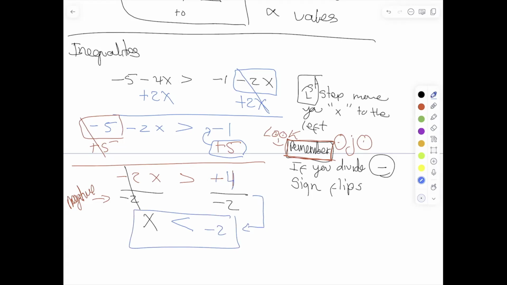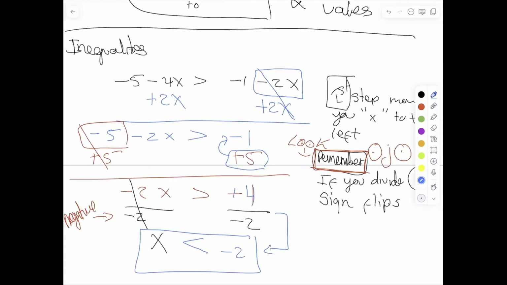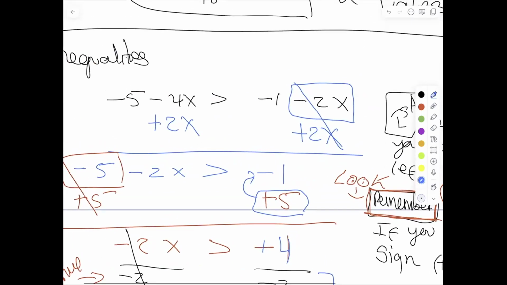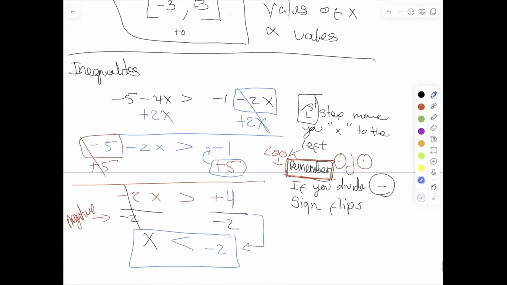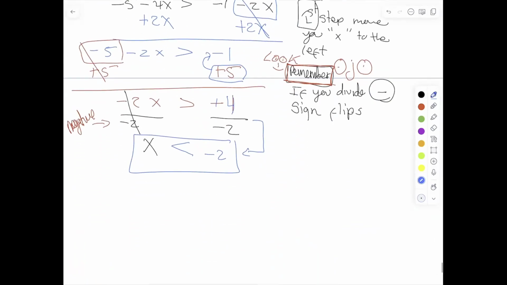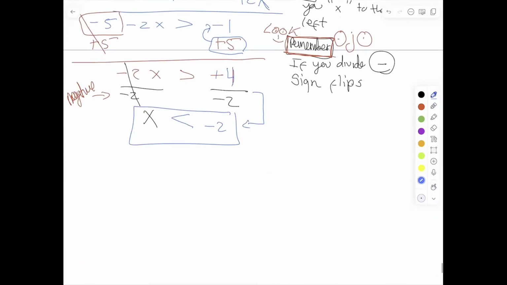So let's do that again. I have -5, -4x is greater than -1, -2x. I have to keep my x's to the left. I add 2x. I cancel the 2x on the right. It comes to the left. Then I got to deal with the -5. So I add 5 to get rid of it.